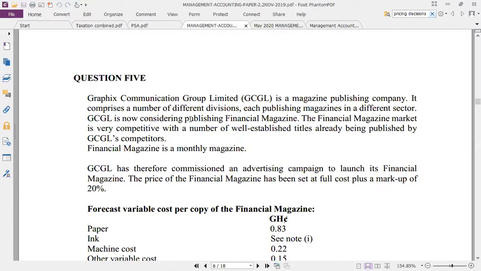The company has therefore commissioned an advertising campaign to launch its financial magazine. The price of the financial magazine has been set at full cost plus a markup of 20%.